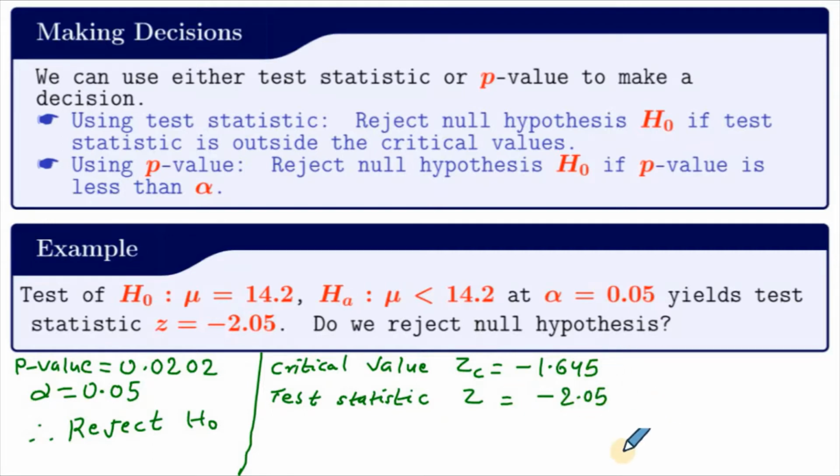So now let me draw a diagram here. Let me actually use a different color pen. If our critical value, negative 1.645, is here, then our test statistic, negative 2.05, is somewhere here. From here, we can see that the test statistic is outside the critical value, so therefore, we reject our null hypothesis.